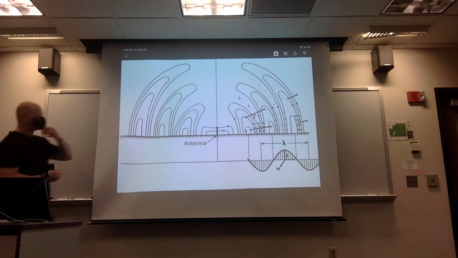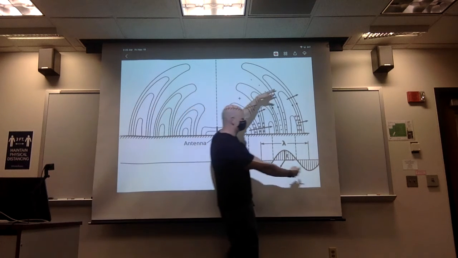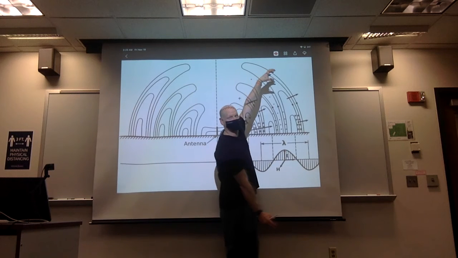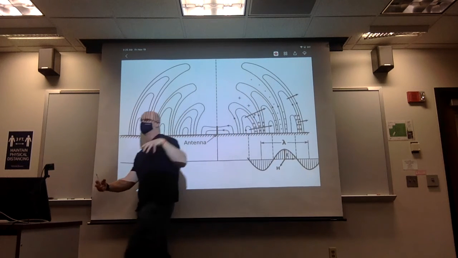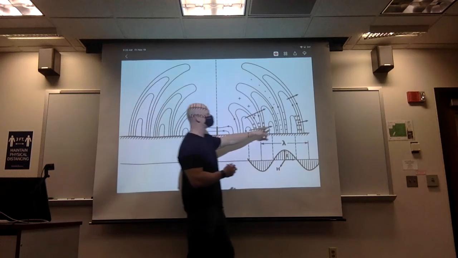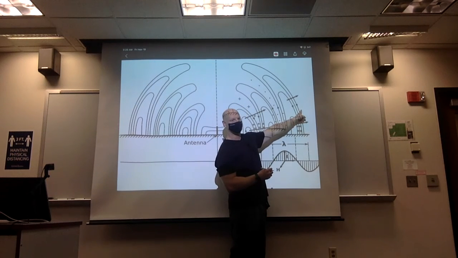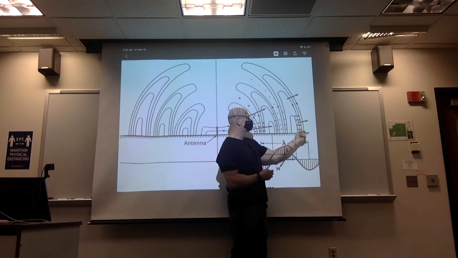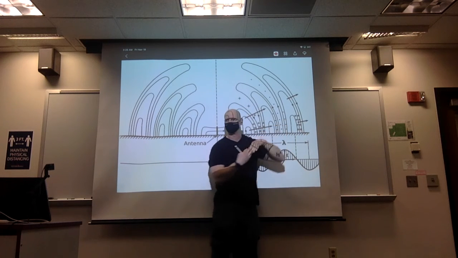Now, eventually what's going to happen is as these waves move further and further away from the antenna, the size of these circles is going to become bigger and bigger. They're going to kind of stretch out. As they stretch out, the radius of the circle will effectively end up becoming infinite, which means that these circular waves end up turning into what we call plane waves.